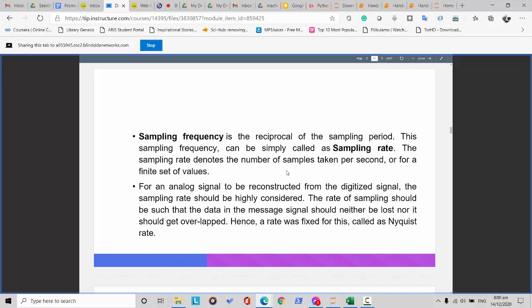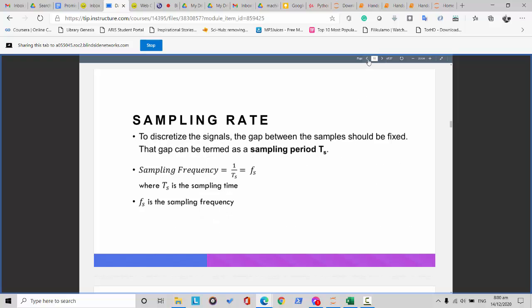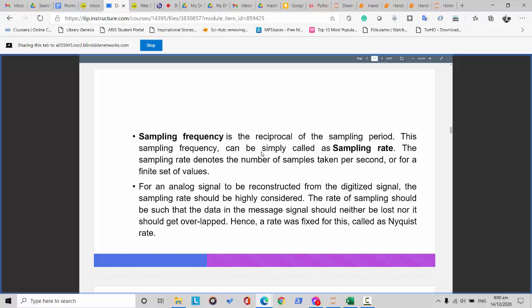Now the sampling frequency, or Fs, is the reciprocal of the sampling period. This sampling frequency can simply be called the sampling rate, and it denotes the number of samples taken per period or for a finite set of values.